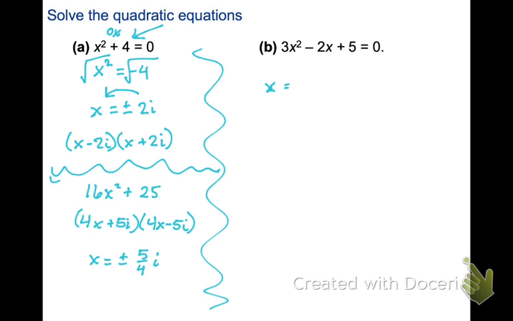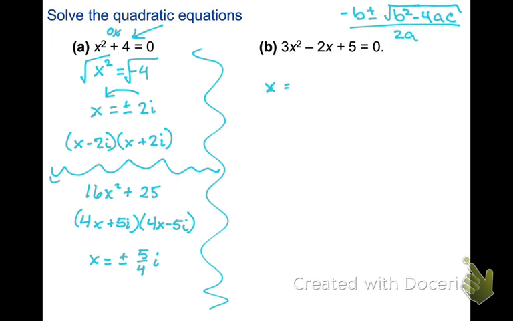So x equals what? Fill it in. I don't care about the formula. You guys should know it by now. Negative b plus or minus the square root of b squared minus 4ac, all over 2a.